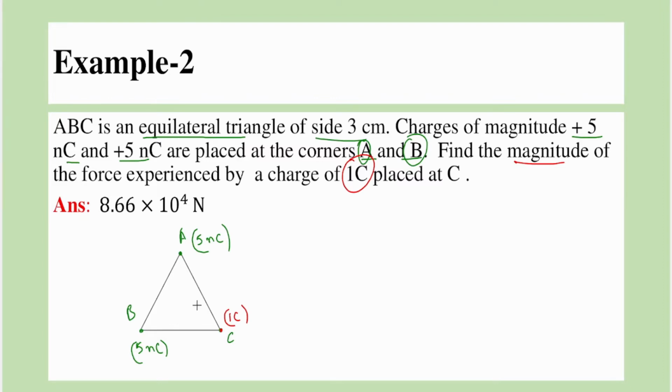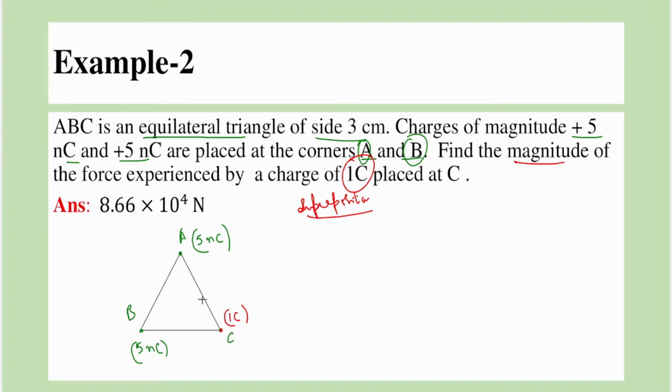Again, as in the previous examples, charges kept at point A and point B will exert a force on the charge kept at point C, and we will add them by using the principle of superposition of vectors or forces. We will first find the force which charge A exerts on charge C. Charges kept at point A and point C have the same polarity, that is, both are positive charges.